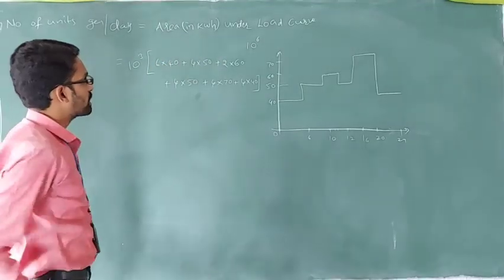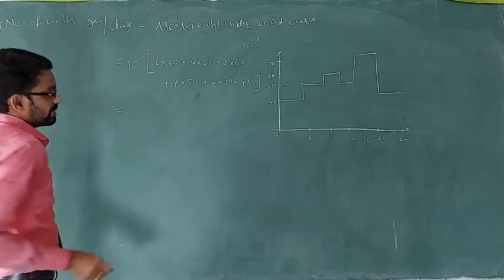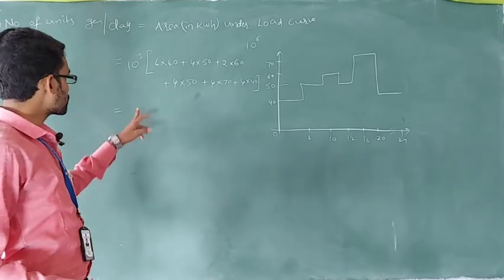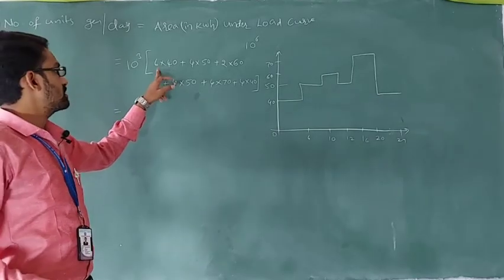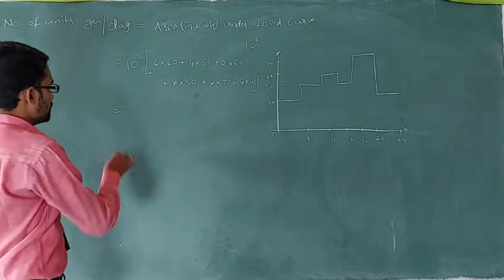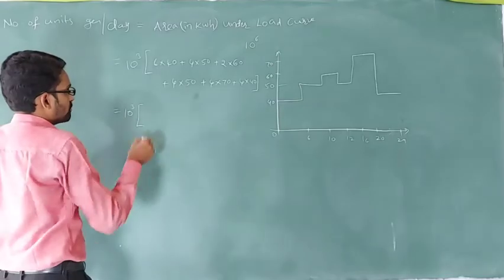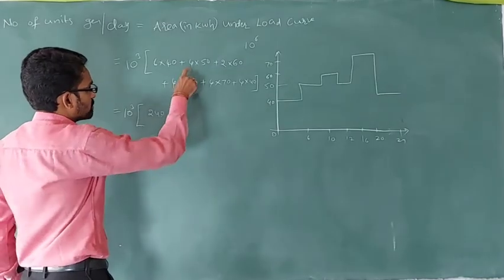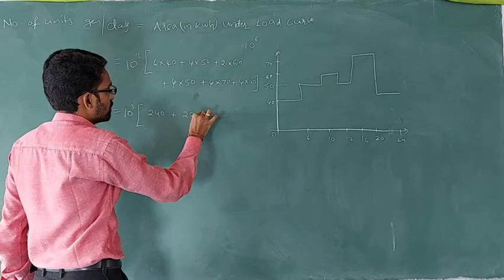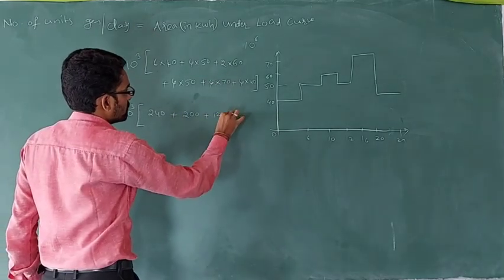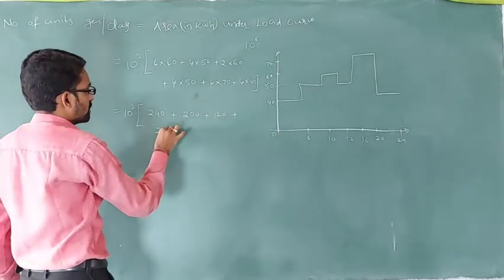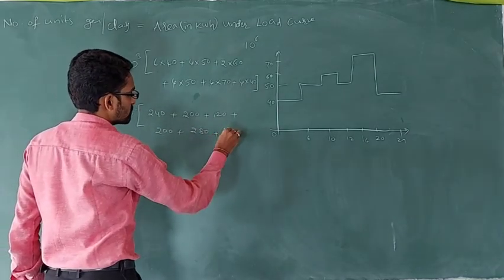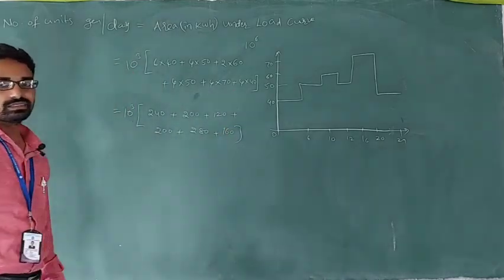If I calculate this, you get 10 to the power of 3 into 6 into 40, which is 240, plus 4 into 50, which is 200, plus 120, plus again 200, plus 280, plus 160.